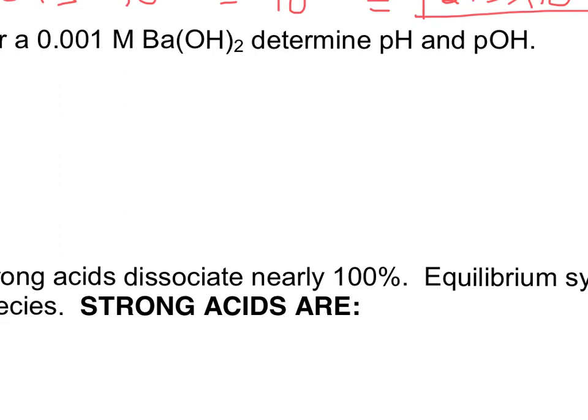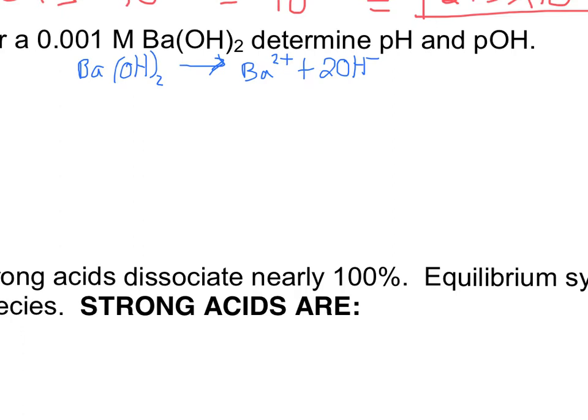So we know that Ba(OH)2 is going to 100% dissociate into Ba2+ and 2 OH minus. Now, it is important to write your dissociation equation because if you didn't, you might make a little mistake with things that are not all 1-to-1-to-1 ratio.